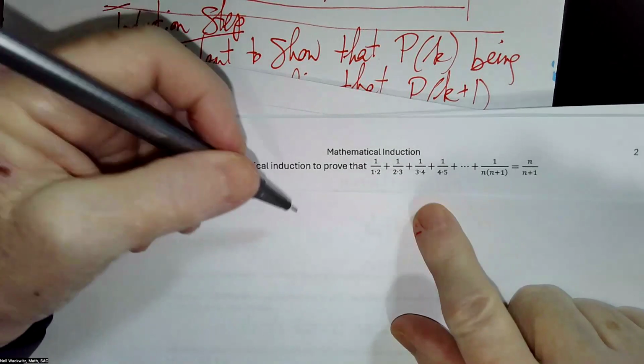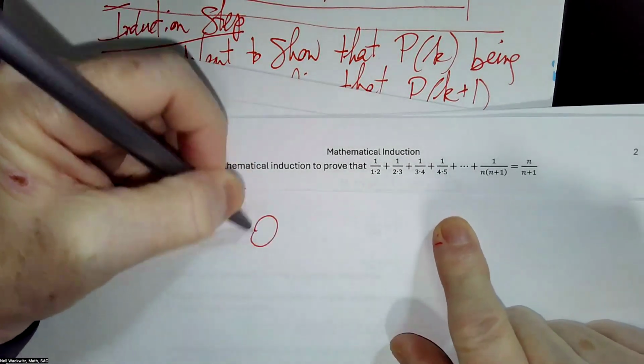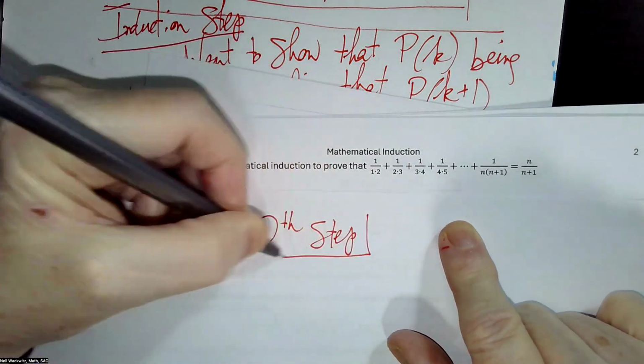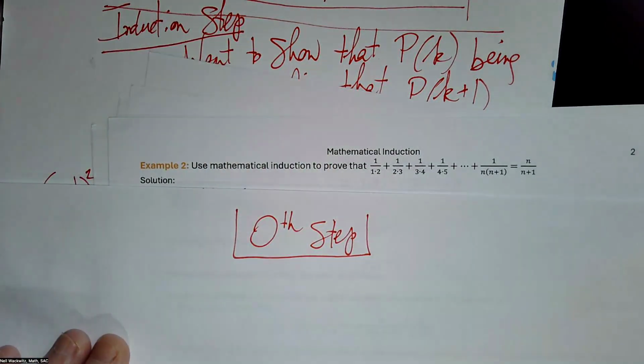The first step, so the 0th step, because it helps to think of the basis step as step 1.